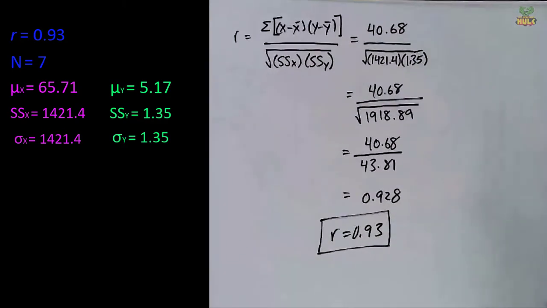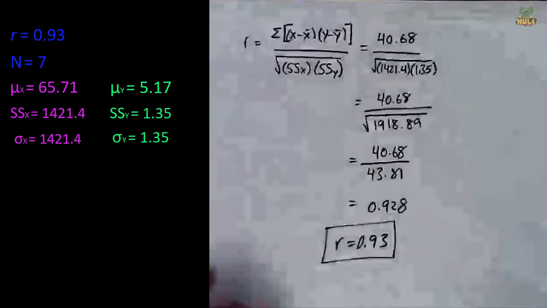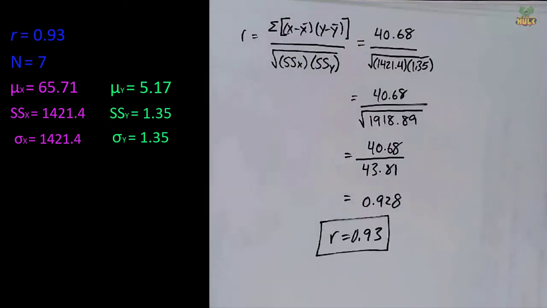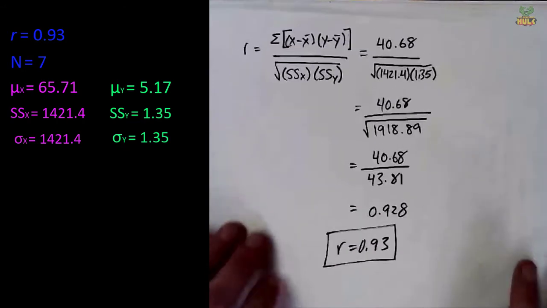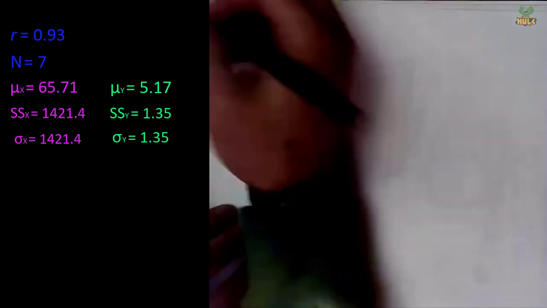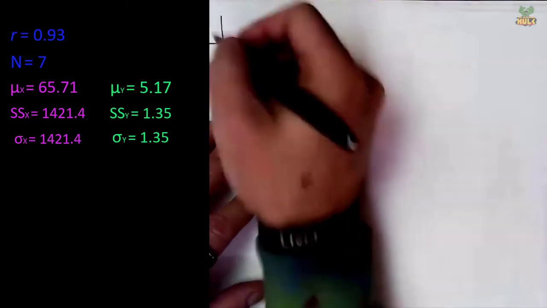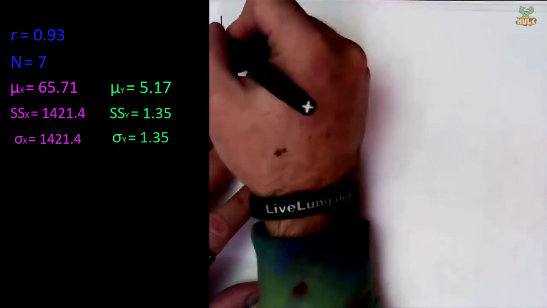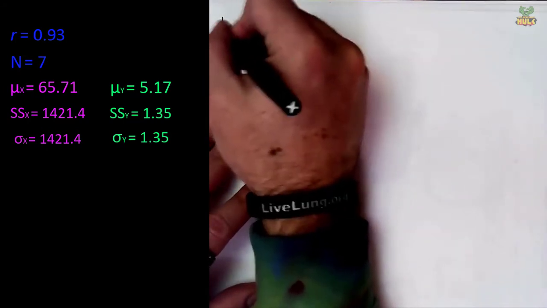Now, let's use that to figure out our slope as well as our y-intercept, so we can figure out our regression equation. Again, I'm going to get a new sheet of paper here. Remember, the y-intercept, if you think about it, is where the line crosses when x is equal to 0. It crosses here, for example, and then x is 0.